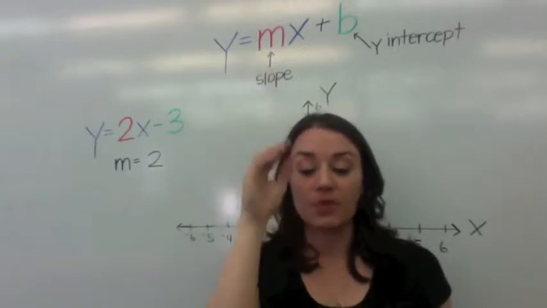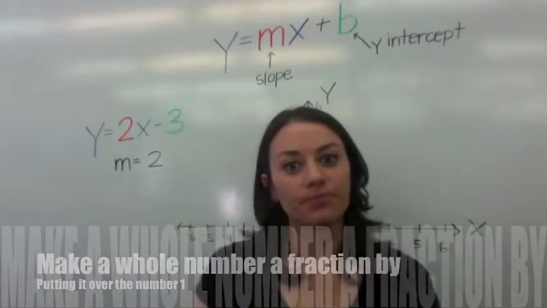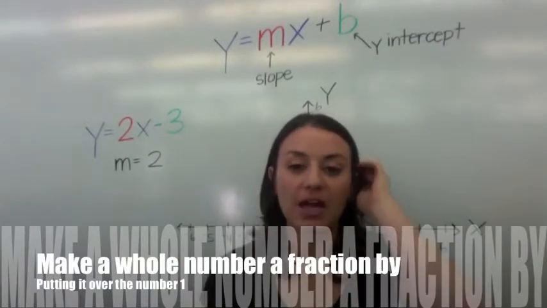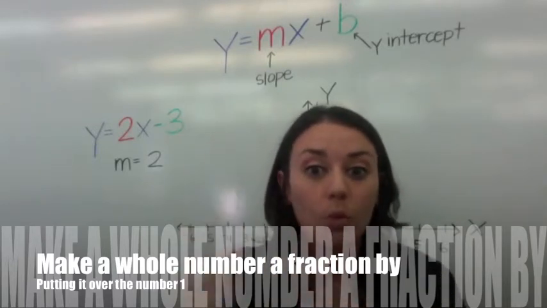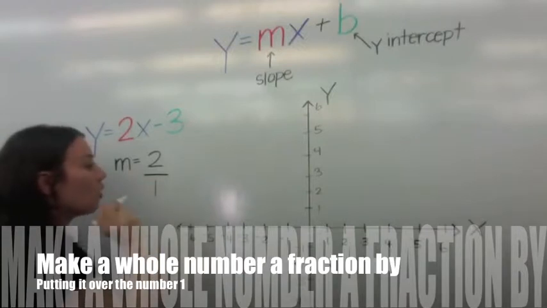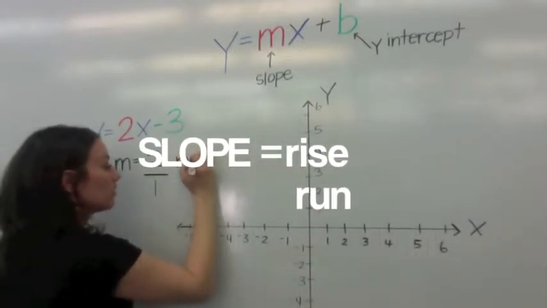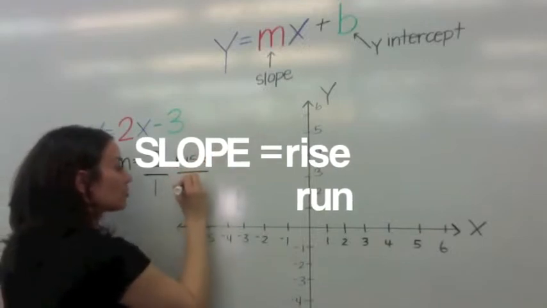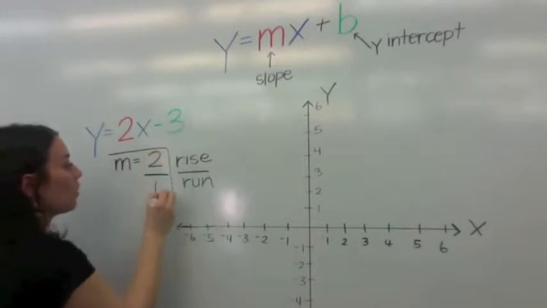Rise over run. So this 2 is really a fraction. All whole numbers can be a fraction if you put them over 1. Over 1. Very good. So this is 2 over 1. So this is going to be your rise over run. That's your slope. Okay. So your slope is 2 over 1.